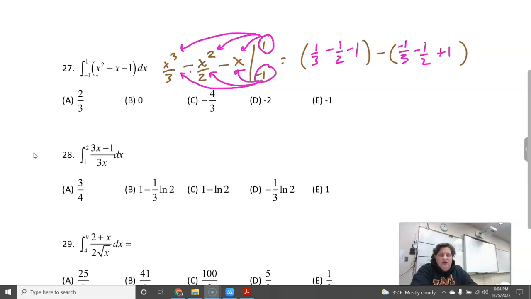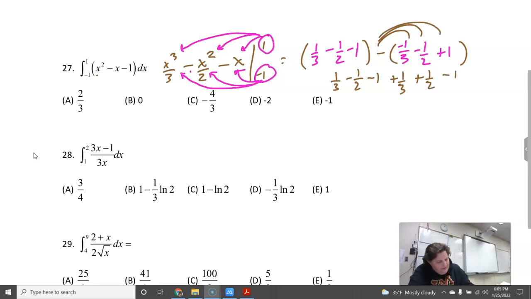Now, these all have crazy denominators. But remember what we can do: I'll leave these the same and distribute the negative. So it's +1/3 +1/2 -1.